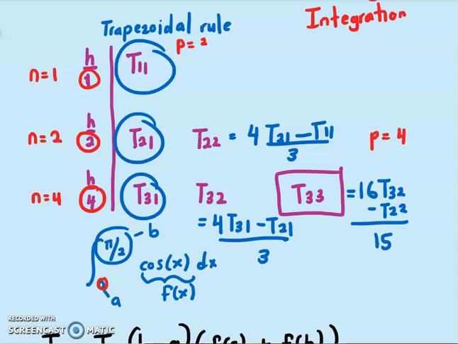So your extrapolation formula is 2 to the power P times T of H over 2 minus T of H, divided by 2 to the power P minus 1. It depends on what H you are using here. Okay, that's all. Thank you. Bye.